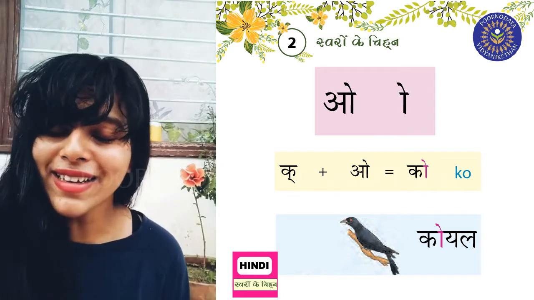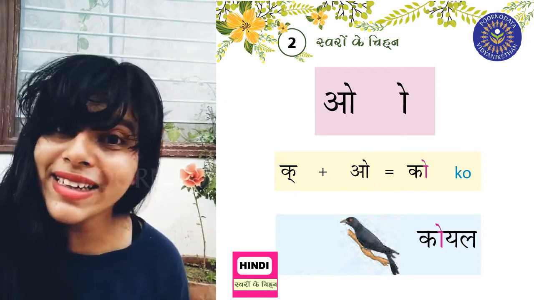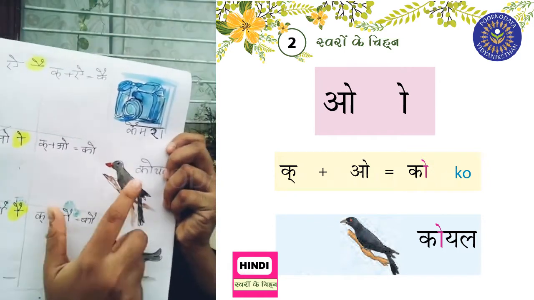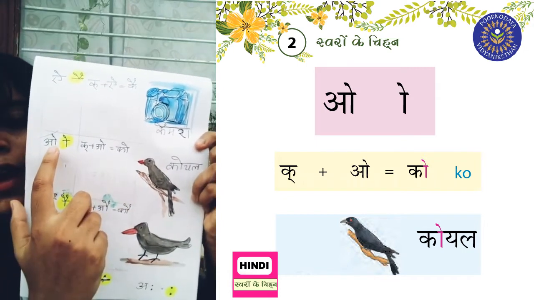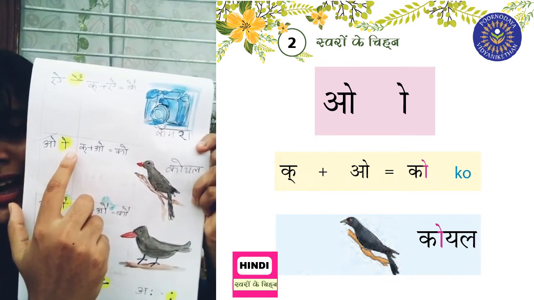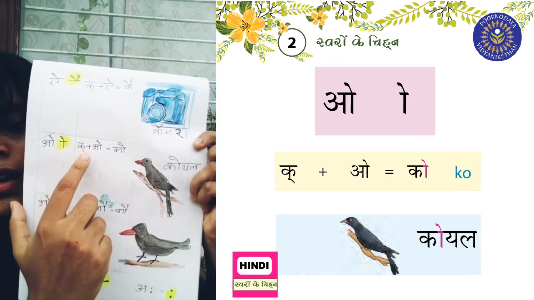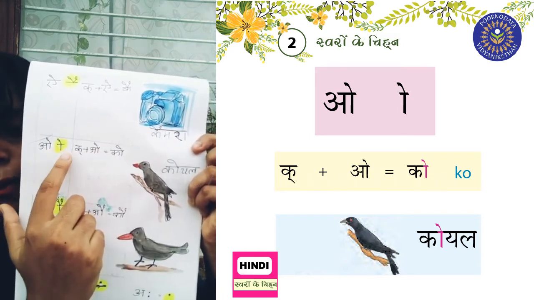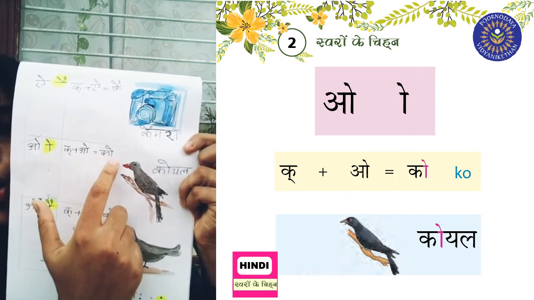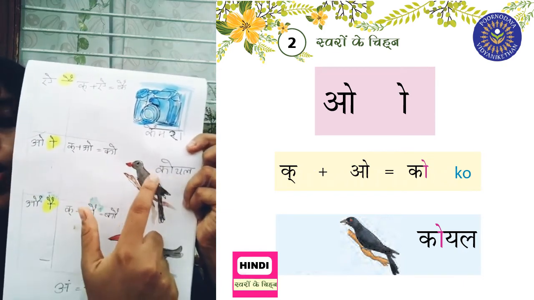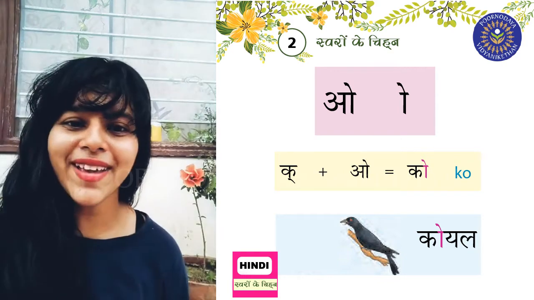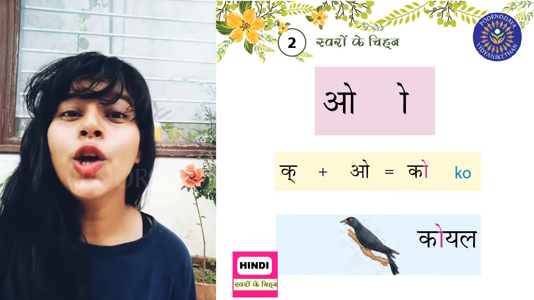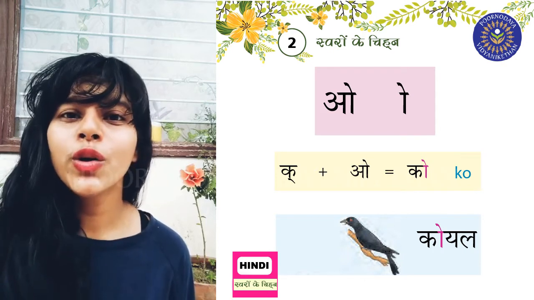Practice this, and see how it sounds, tally it with the example. O is written like this in form of matra. Ka plus O, the O swar gets replaced with its matra. Ko. Koyal is its example. How does koyal sound? Coo.